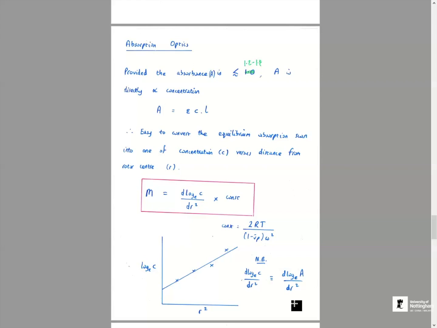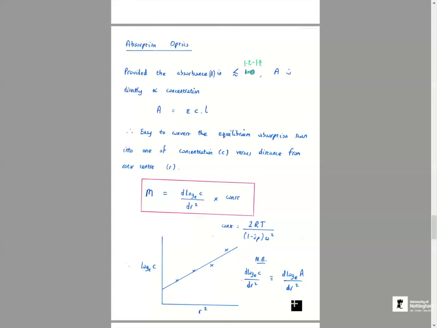Okay, so the point is that the units of concentration cancel. It doesn't matter if your concentration units are grams per mil, kilograms per mil, kilograms per meter cubed, absorption units, interference units, refractive index units, or whatever.